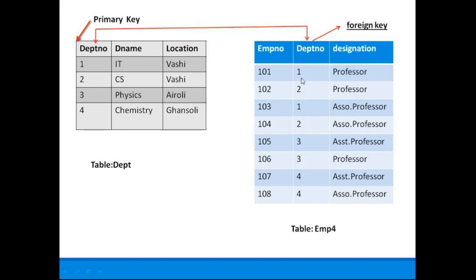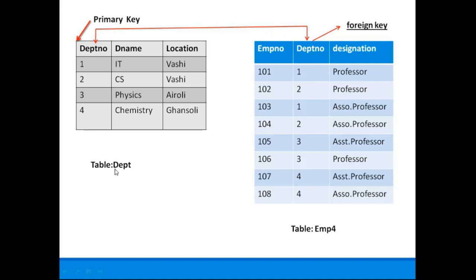Here you can see department number values are repeated because every department has a number of employees. Every department can have many employees. So that's why there is a repetition in department number in the employee 4 table.